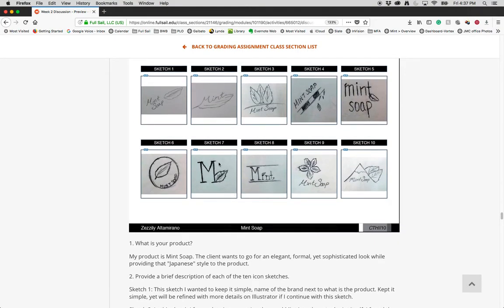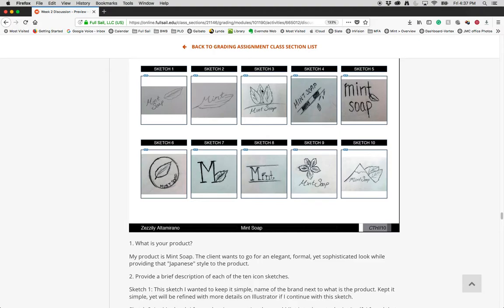Right away, number 10 jumps out. That's like the refreshing mountain. I wouldn't try to work the word into it. When you do something interesting with the mint leaves, perhaps that's something you could do. This looks like a flower made of mint leaves. I don't know. Other than number 10, none of them really are super jumping out to me.